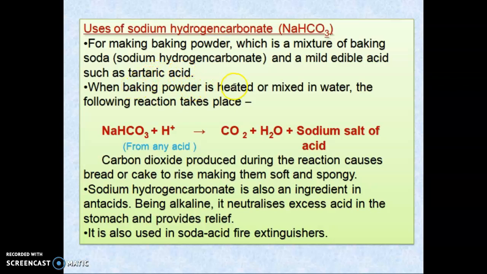When baking powder is heated or mixed in water, the following reactions take place. Sodium hydrogen carbonate with any acid, that is H+ acid, dissociates to give carbon dioxide, water and the sodium salt of the acid.